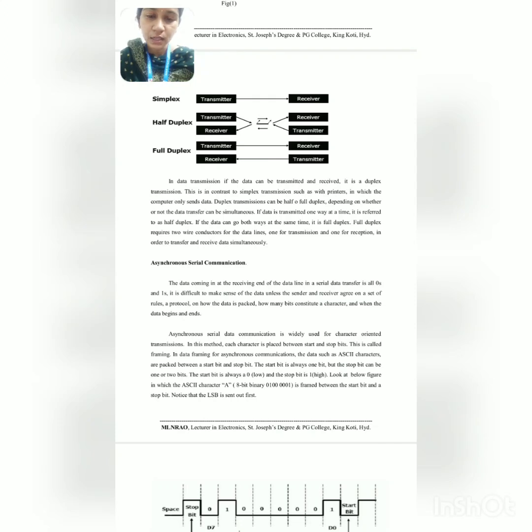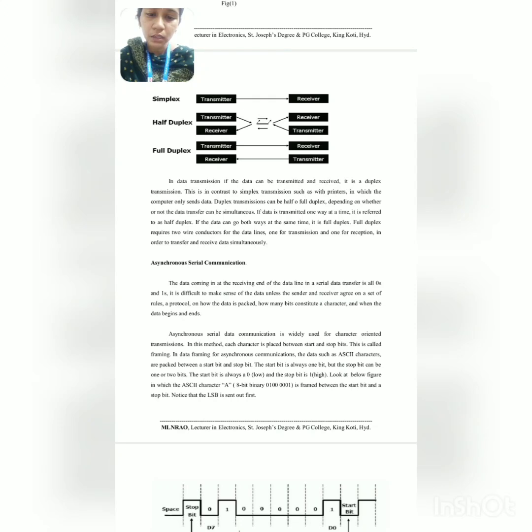Asynchronous serial data communication is widely used for character-oriented transmission. In this method, each character is placed between start and stop bits. This is called framing.